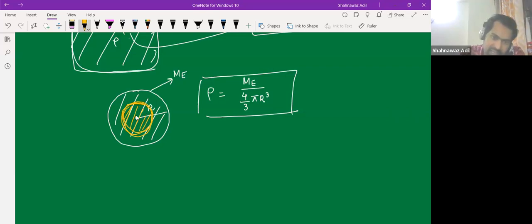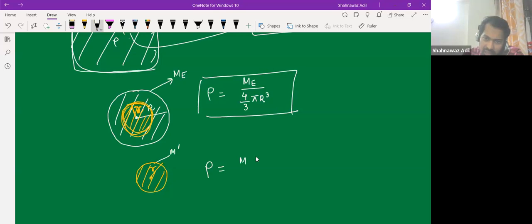And let's say that this radius is r. So I have a small r. So let's say this is some mass and this is small r. Then what would be the density for this object? That would be whatever mass that I'm taking, divided by 4 by 3 pi r cube.